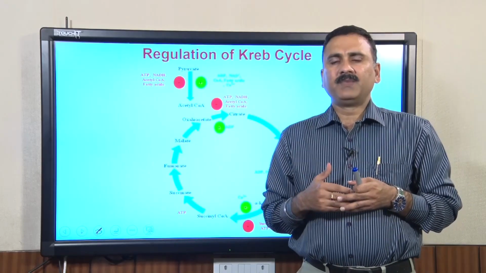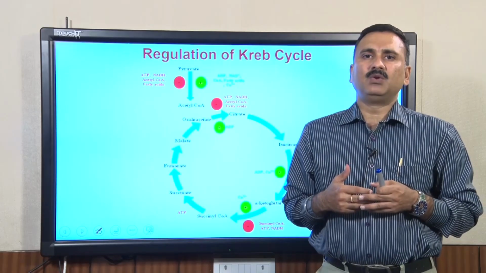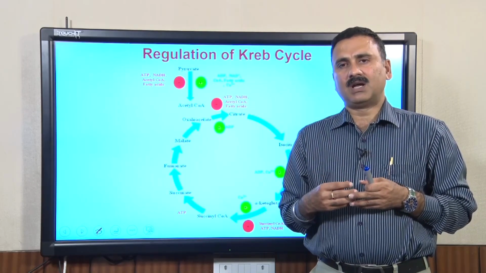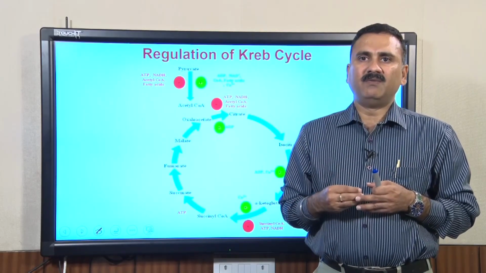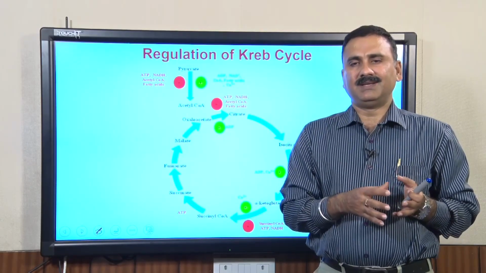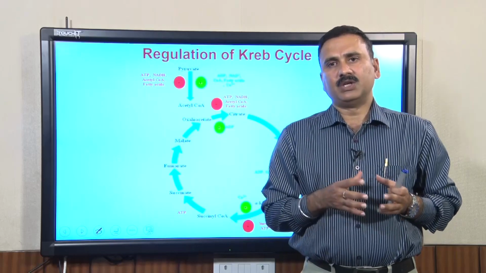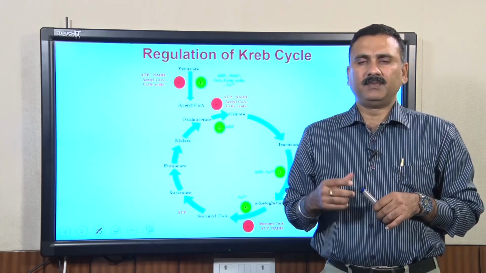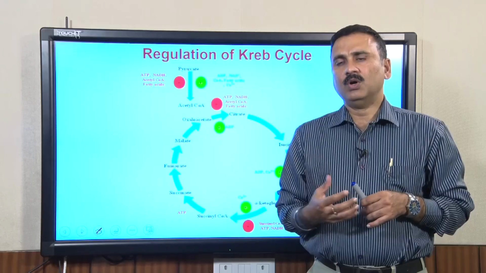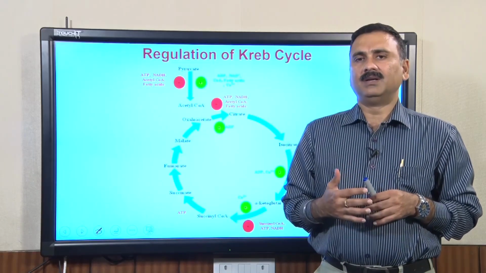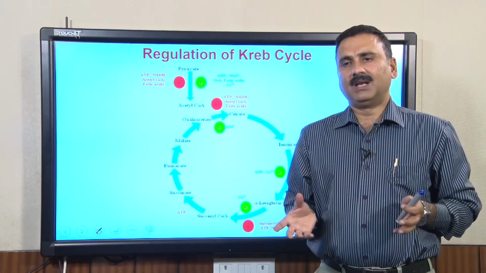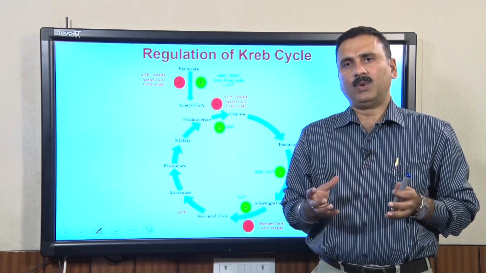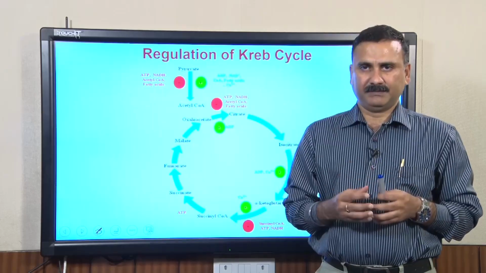So, apart from the purpose of the Krebs cycle to metabolize carbohydrate molecules to provide energy in the form of reducing equivalents, whether NADH or FADH2, the purpose of the Krebs cycle is also to coordinate with many other metabolic pathways. So, let us see how the Krebs cycle plays a central role within the metabolism of an organism.